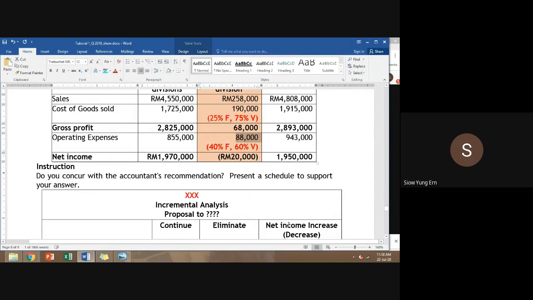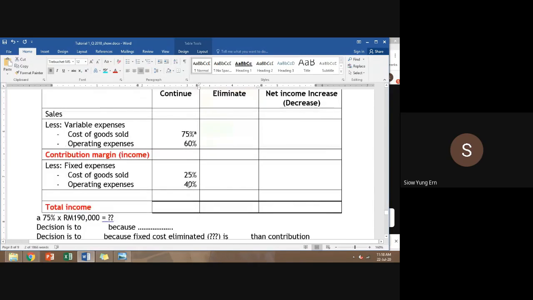Your fixed portion is only 40% because just now you have already used 60%. So your 40%, how much do you get? Correct, 35,200.